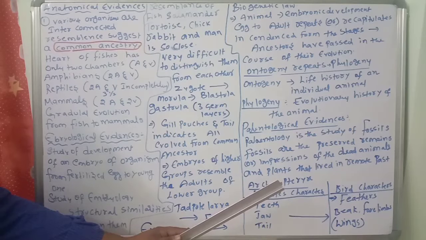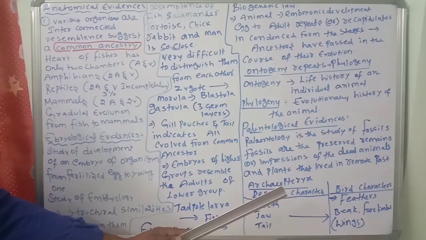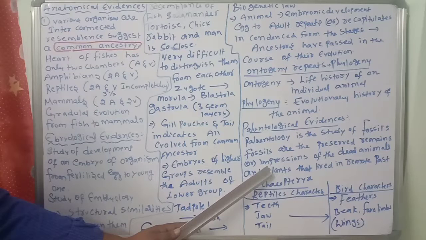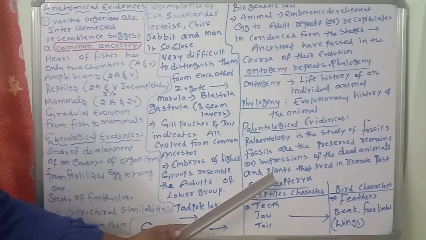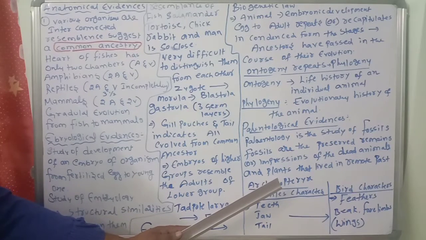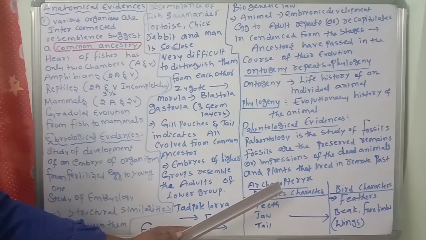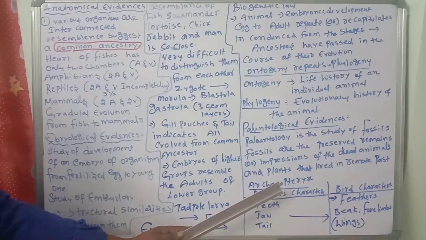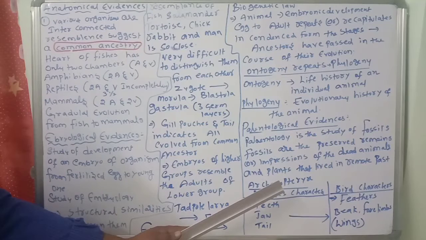Fossils occur in sedimentary rocks. They may also be found in peat, amber, asphalt, lava and snow. They provide direct evidence of evolution.